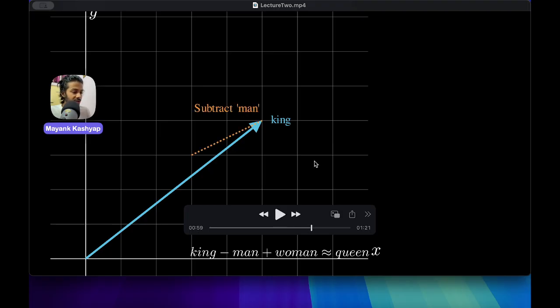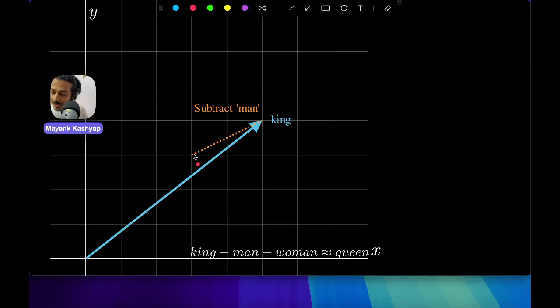Now let's subtract the man. Here I was not really able to put that into animation. So assuming this is directly being taken like this, I hope it's representing the same thing approximately.